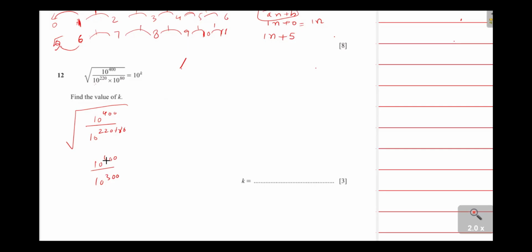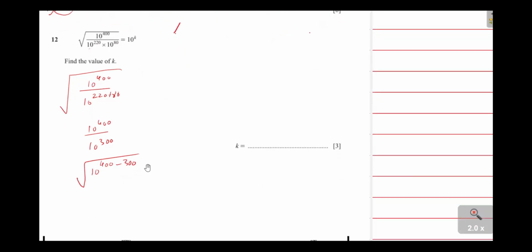And look here, 10 power 400 divided by 10 power 300 will be equal to 10 power 400 minus 300, under the square root, and this value you can write as 10 power 100 under the square root, and square root means 1 over 2. Therefore, you can write 10 power 100, whole power 1 over 2, in place of the square root symbol.